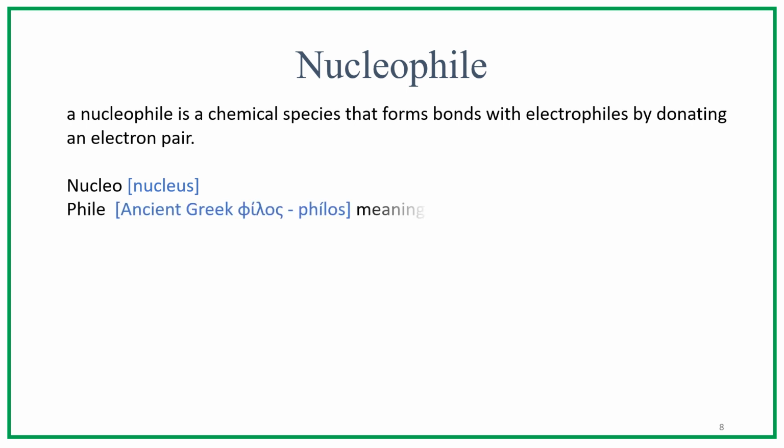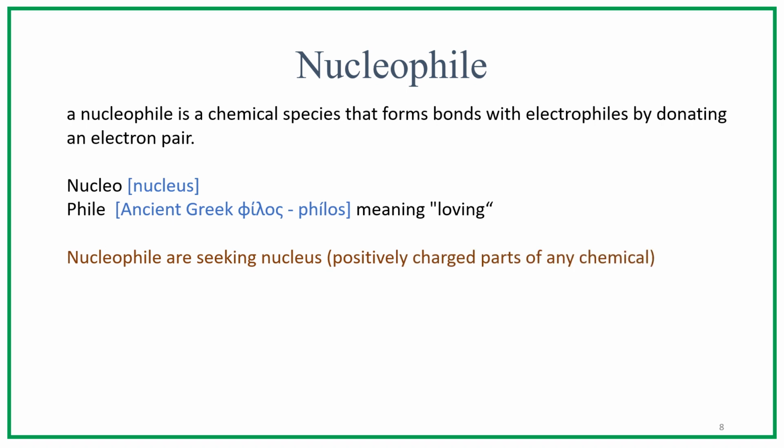Therefore, phile, as we know, means loving, liking. So nucleophile means they love the nucleus. They are seeking the nucleus. That means they are trying to find the positively charged part of any chemical.